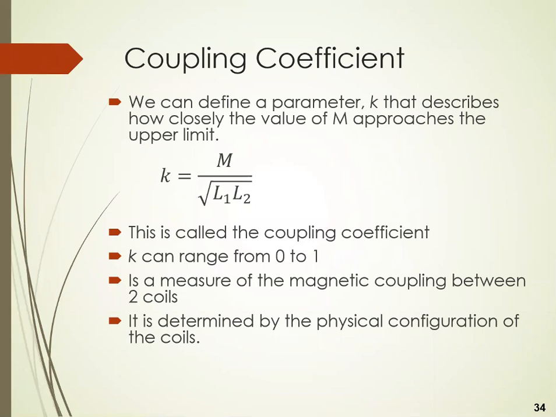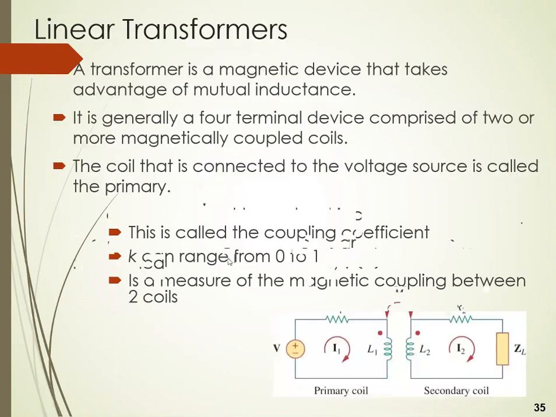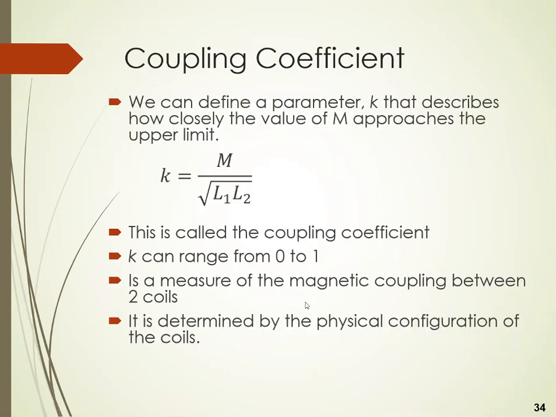It's a measure of the magnetic coupling between the two coils, and is determined by the physical configuration of those coils. A transformer is a magnetic device that takes advantage of that mutual inductance. So just to go back, we have been looking at mutual inductance and individual self-inductances, but we have now brought those two terms together into what is called the coupling coefficient, which is the one that's going to be used when we talk about transformers.